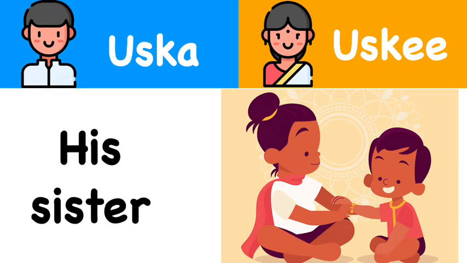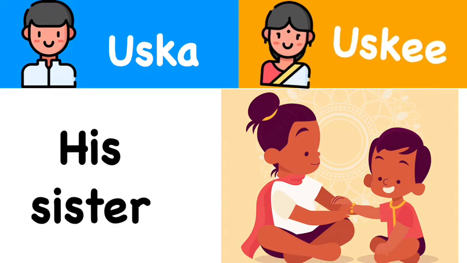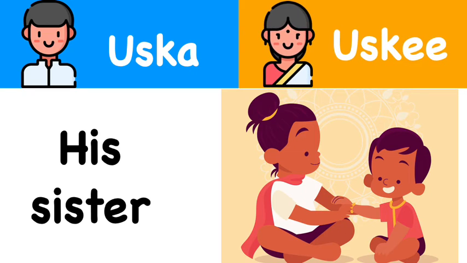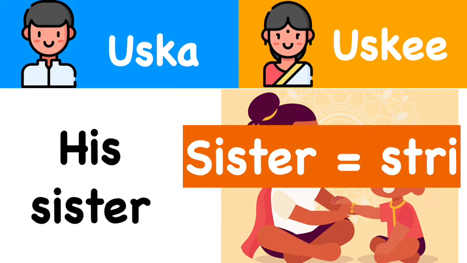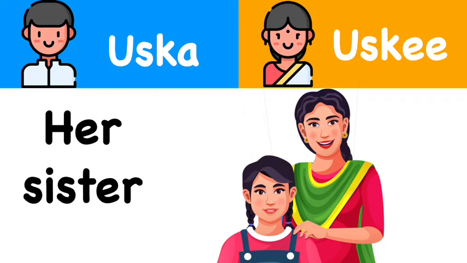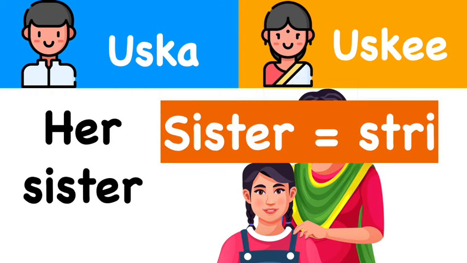Uska or Uski? The sister is the word determining which one you would use. Sister is a stree noun, so it would be Uski. Uski bhen. What about her sister? We just did his sister. Now we have her sister, so it should be the same, right? Sister is a stree noun, so it would be Uski.